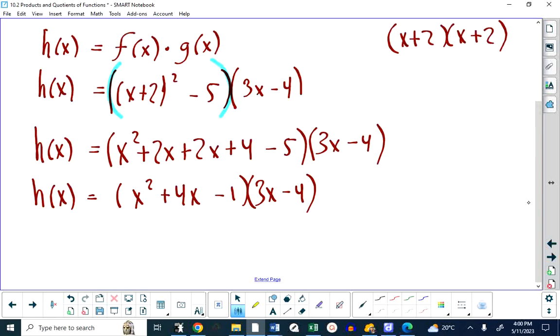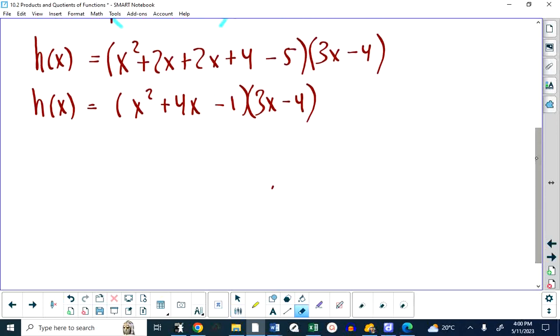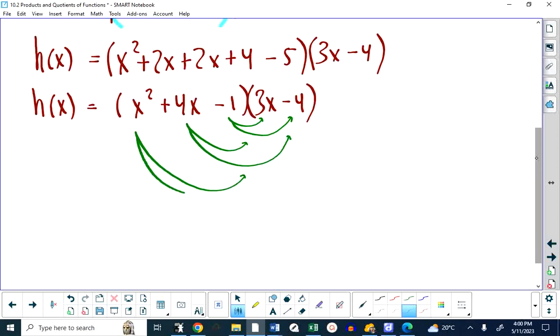I'm just double checking my work. Now you have a trinomial multiplied by a binomial. What we're going to need to do here, everybody, is multiply the negative 1 by this binomial, multiply the 4x by the binomial, multiply the x squared by the binomial. I'm going to start with the x squared.